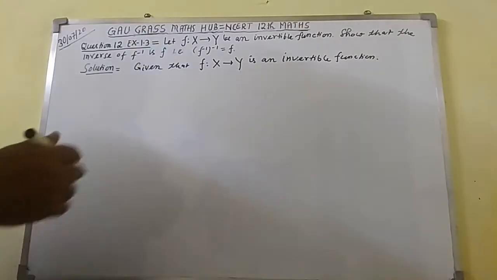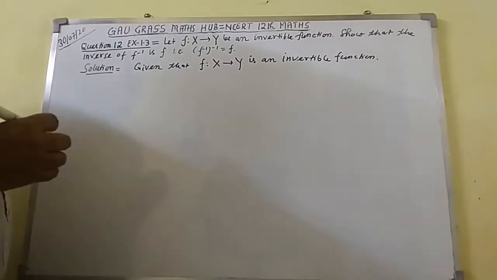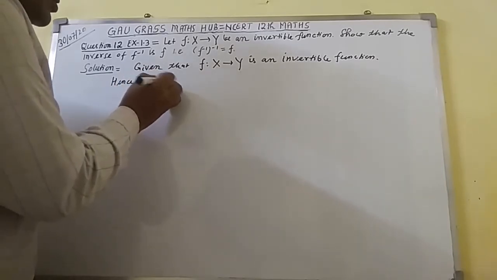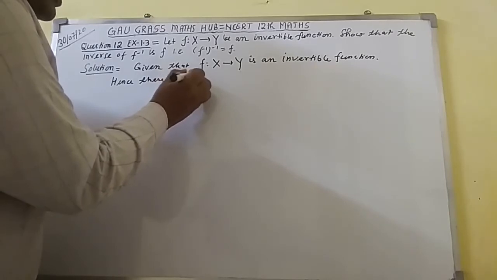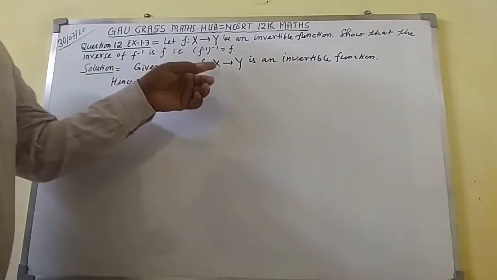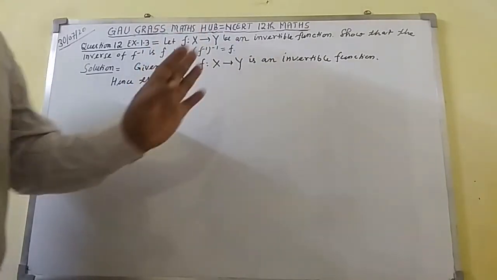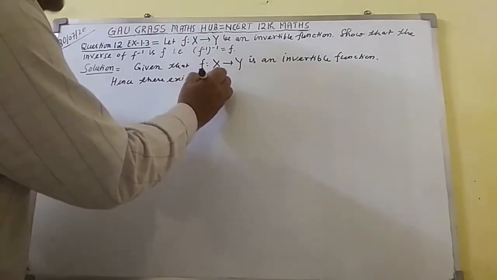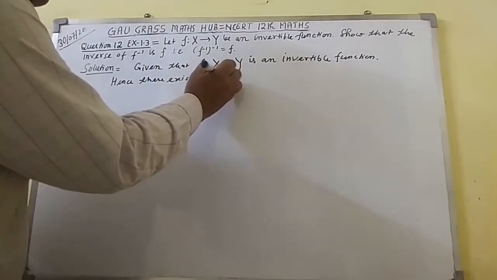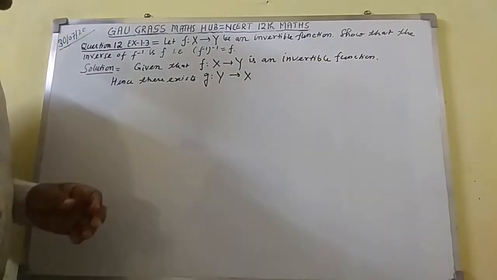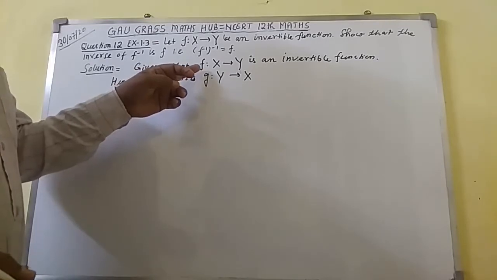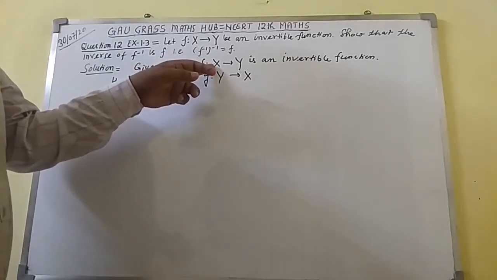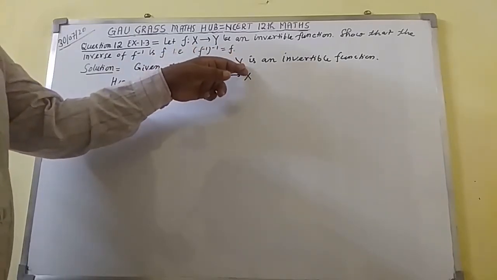So since it is given, hence there exists a function g: Y → X. Here the inverse of f is g, and this capital X is the domain here, capital Y is the range here.